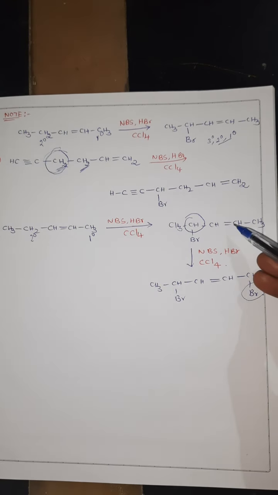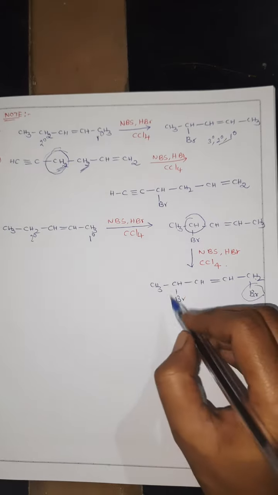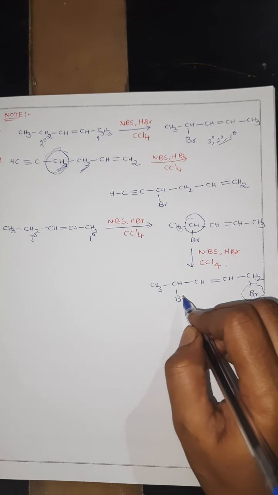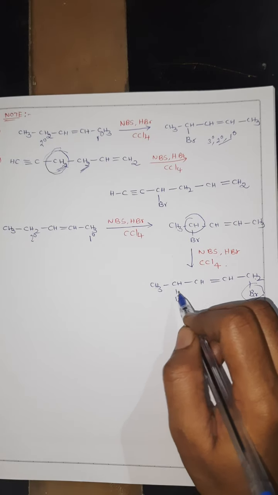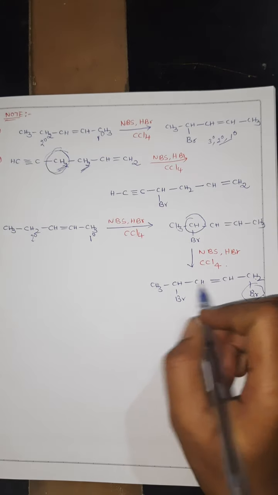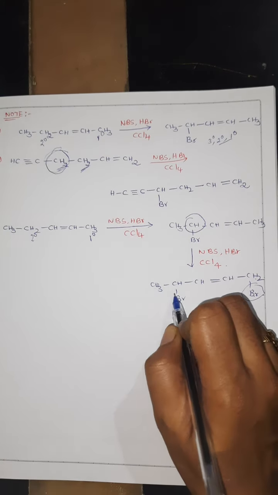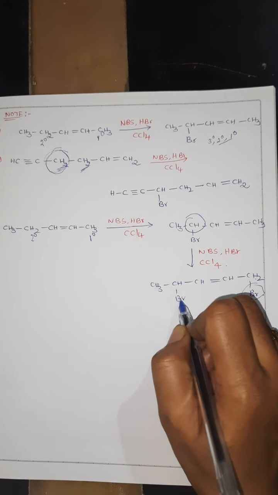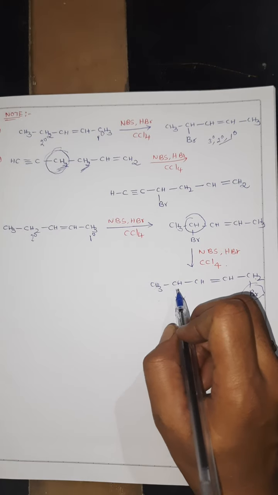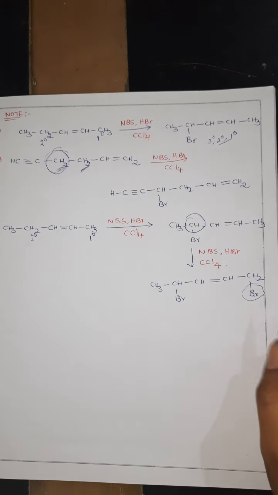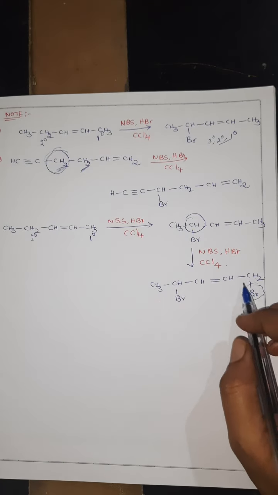The newly incoming bromine atom is not substituted at the carbon adjacent to the already existing bromine. It always goes to the other allyl carbon.